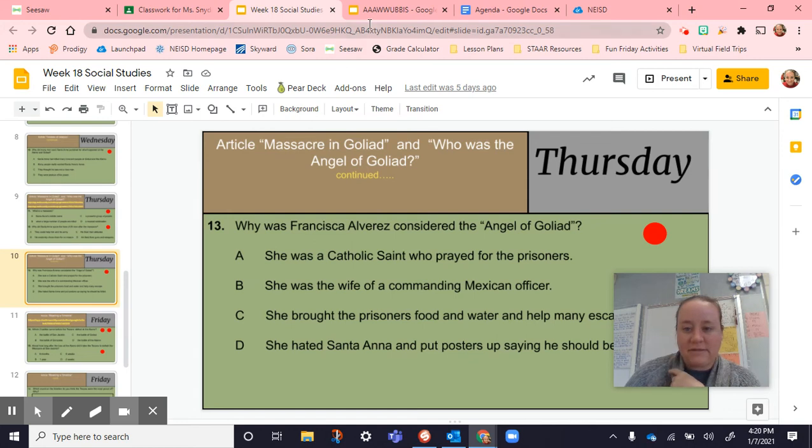So they read that, and then for intervention today, we worked on solving some division problems and went back and looked at some of the topics we've been doing with division, and that was it.